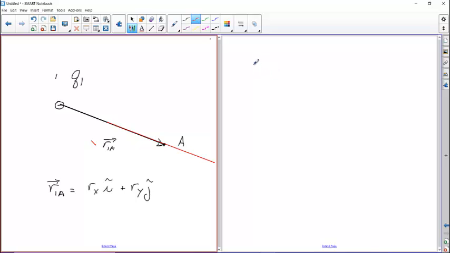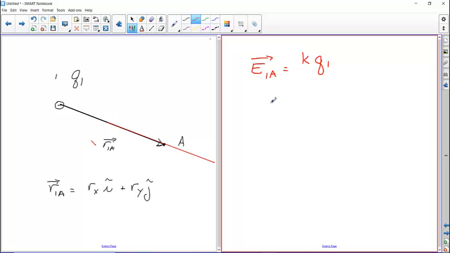And it turns out the equation for the electric field vector, we'll call this E1A. So E1A is the electric field vector due to charge 1 at point A. And that's equal to Coulomb's constant times Q1. So it's positive or negative, so in this case we don't use the absolute value.